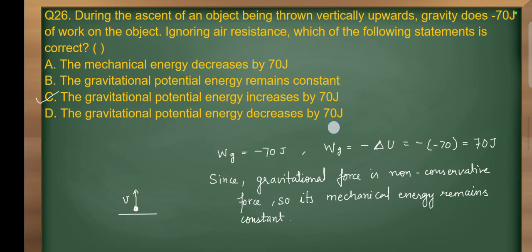Question number 26. During the ascent of an object being thrown vertically upward, gravity does minus 70 joule of work on the object. Ignoring air resistance, which of the following statements is correct?